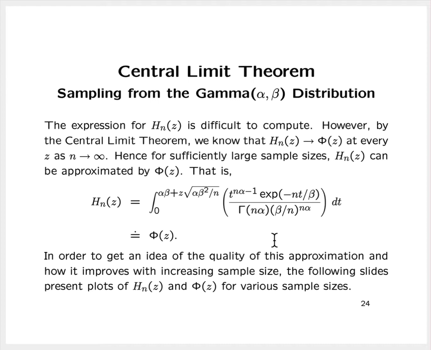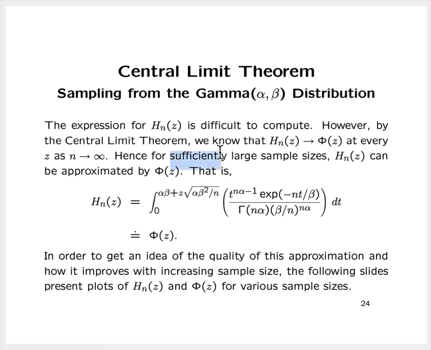Now, to get an idea of the quality of this approximation and how it improves with increasing sample size, I've created a sequence of slides plotting H sub n and the standard normal CDF for various sample sizes.